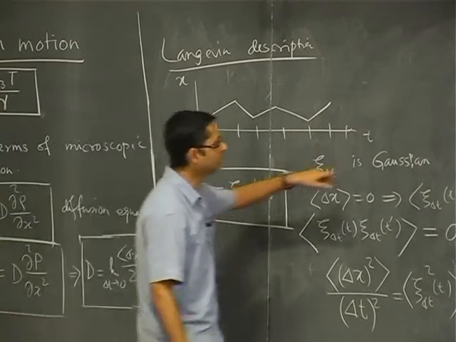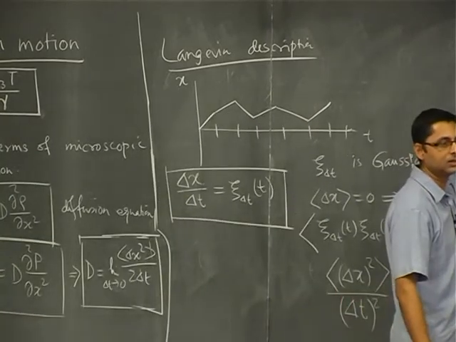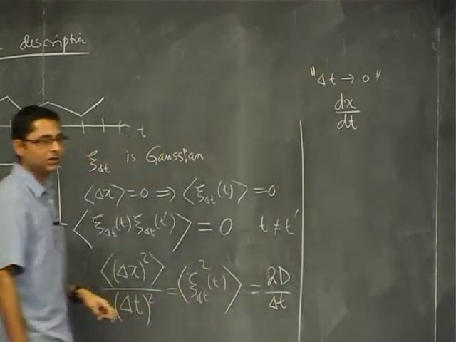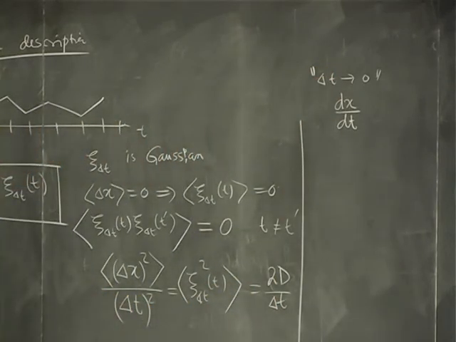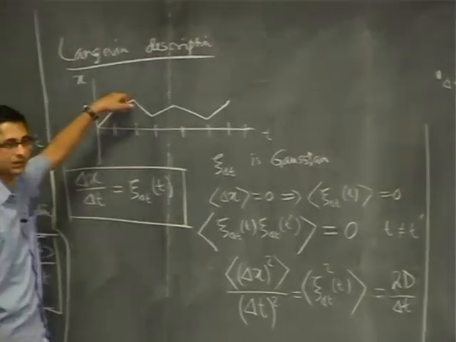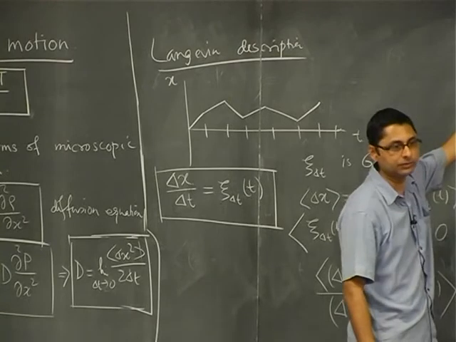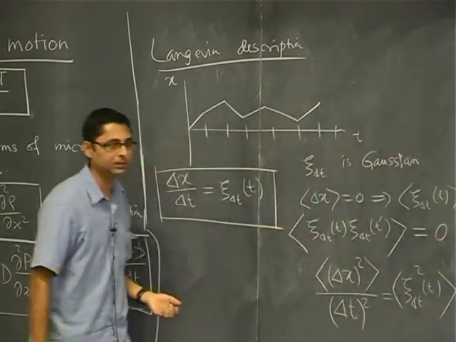That is why I put this thing in quotes. This is basically differentiation from one side, and I will come back to what the precise meaning of this delta t going to 0 actually is, but this is what you get.